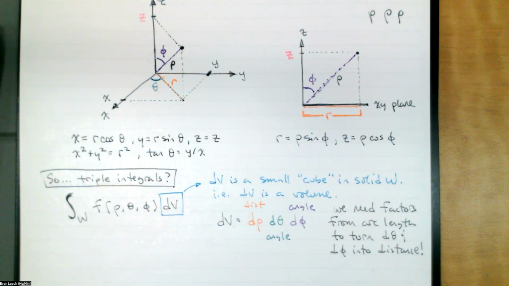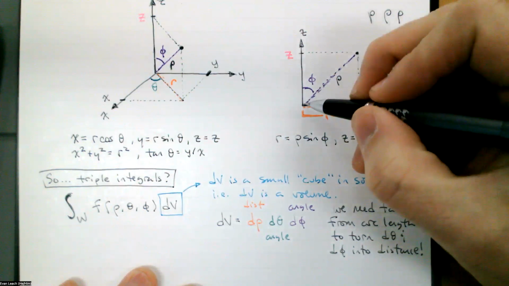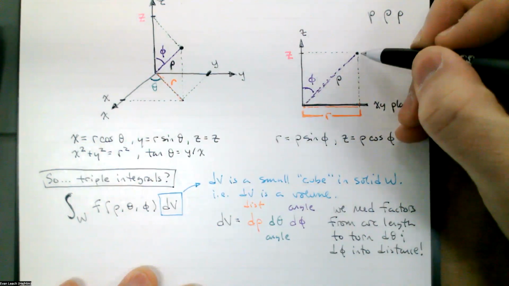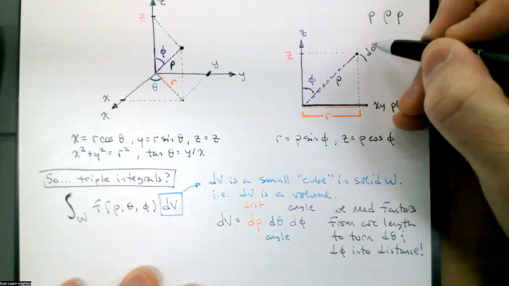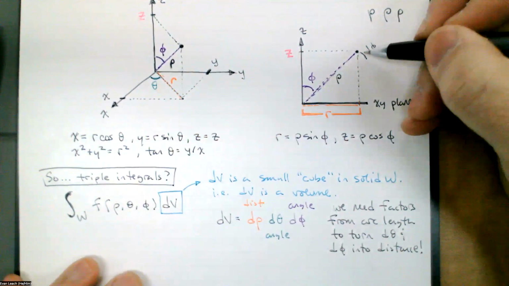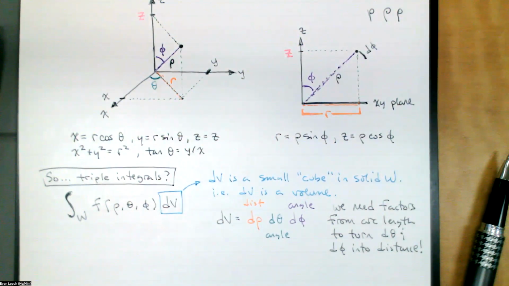If we have some small change d phi in the angle, we can easily see how far that changes from the origin.